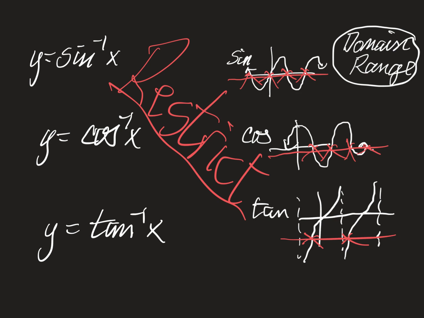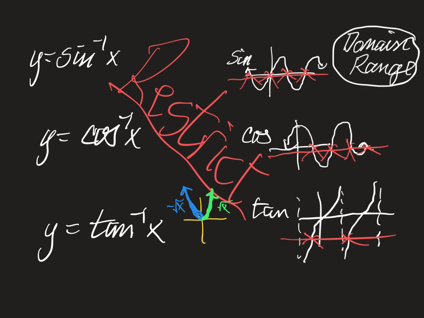Now, just so you can remember this, when we had x squared, it also failed the horizontal line test, so it was not one-to-one, just like these functions, but then we restricted the domain to only the right half, and it would have an inverse function called the square root of x, all right? And if we restricted the domain to just the left half, it would have an inverse function called the opposite of the square root of x, okay? And so that's what's going to happen here. We're going to restrict domains.